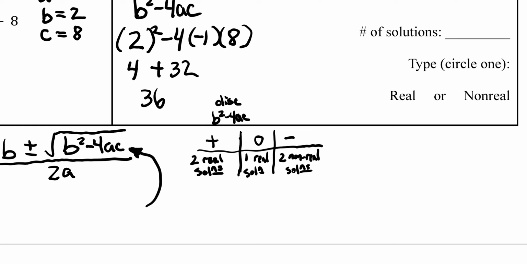But there's something that is reflected in terms of the graphs as well. When you have two real solutions, you might have a parabola that crosses the x-axis in two places. It could open up, or it could open down, but it's going to cross the x-axis in two places.